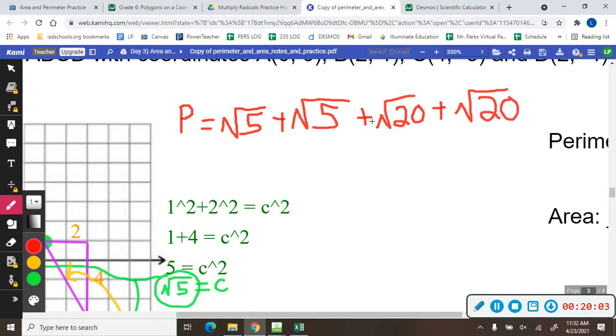Now technically you could reduce these and combine them and make it one simplified radical. One day you will do that. For now, I think this is enough.